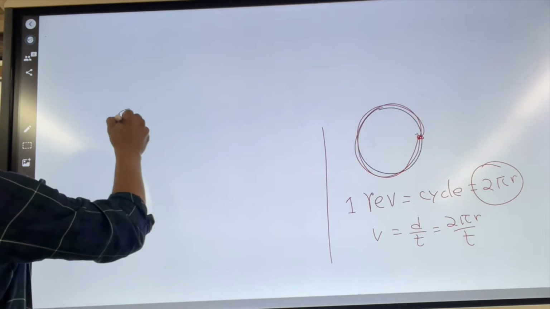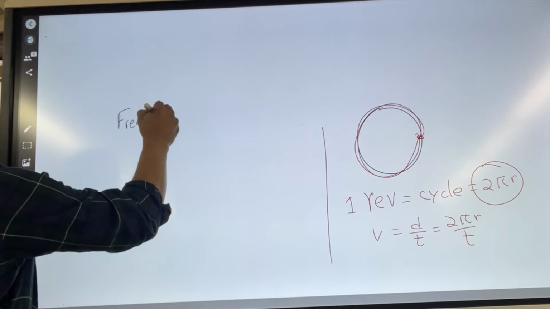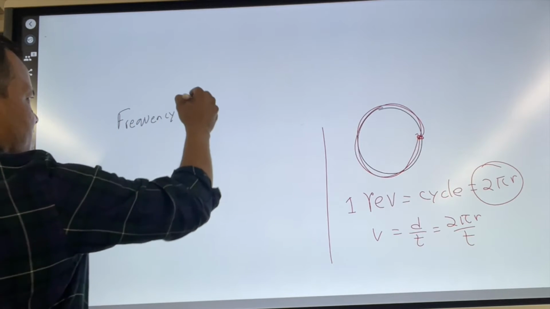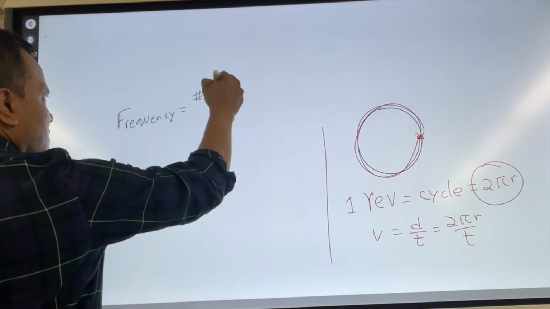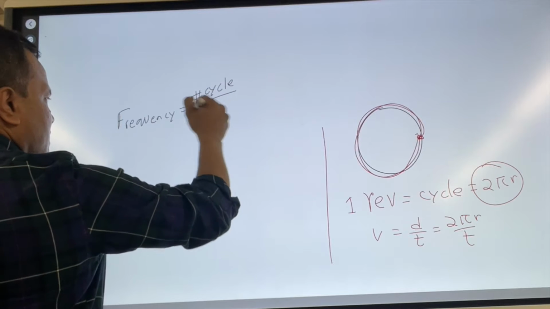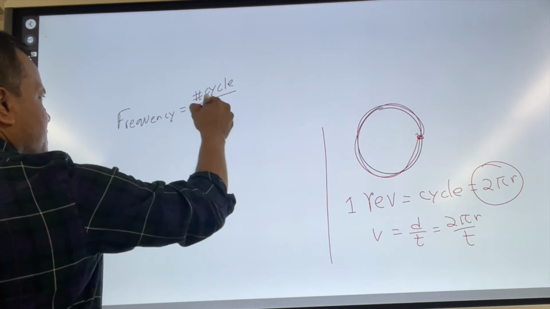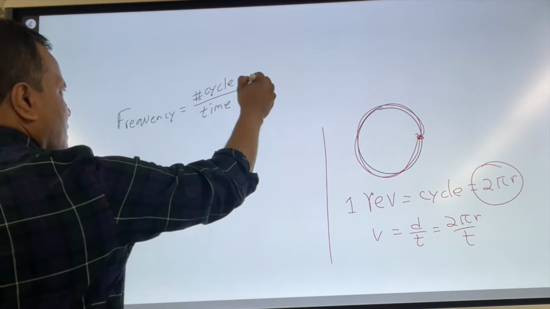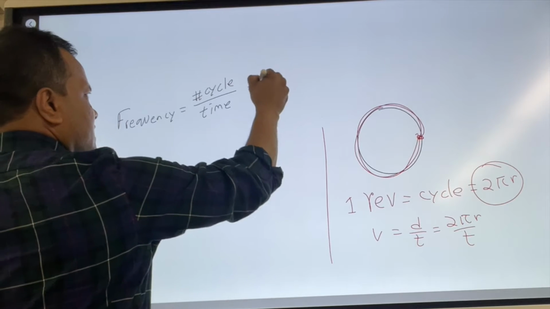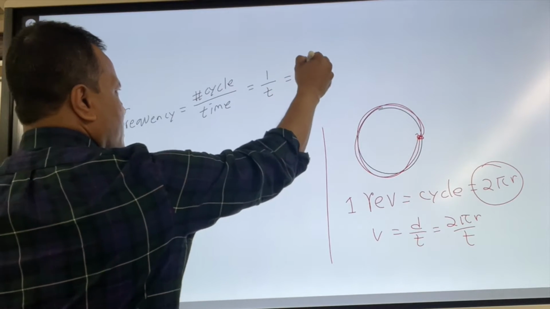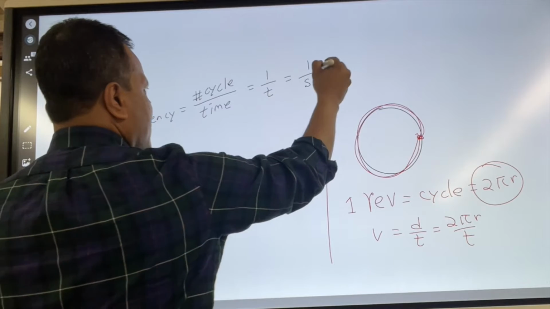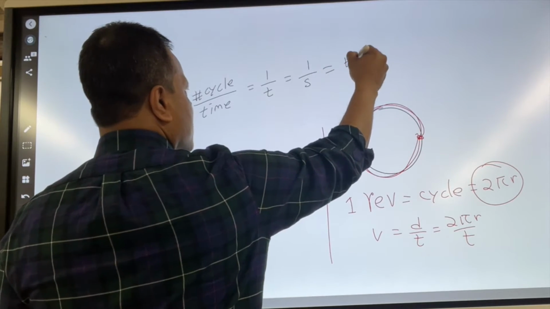So frequency is number of cycles over the time, or you can write 1 over t, or 1 over second, or hertz. Okay.